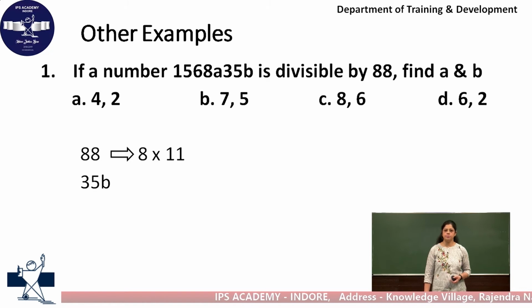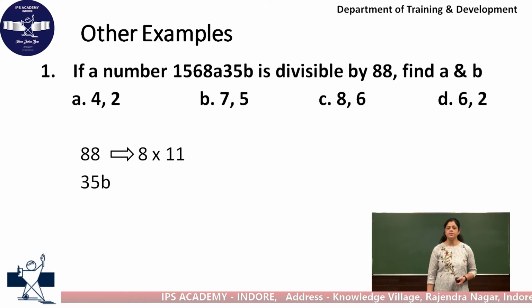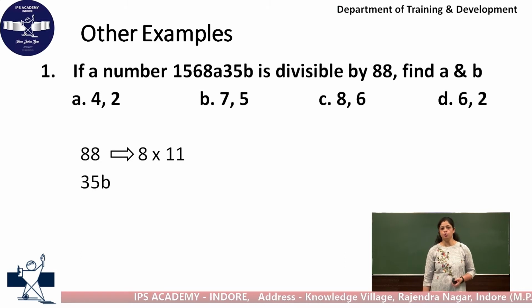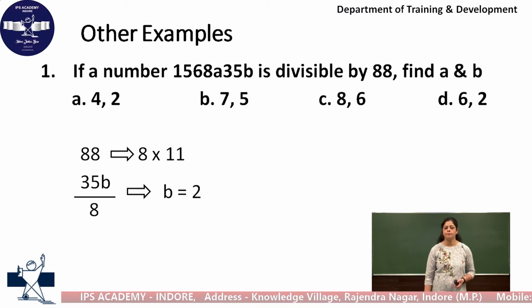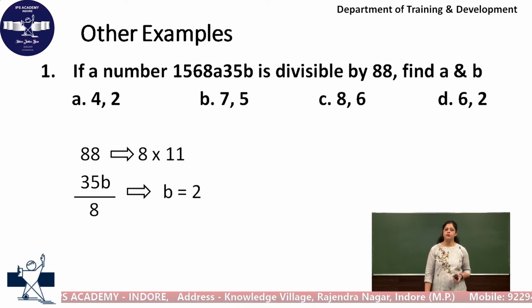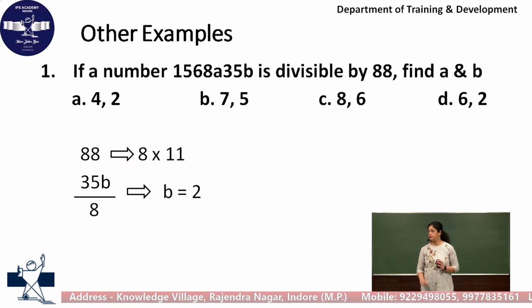Yes, it is divisible by 8, right? That means we got the value for b as 2. So we got the first variable. Now we have to look at only option A or D, right? Because we have fixed the value of b as 2.